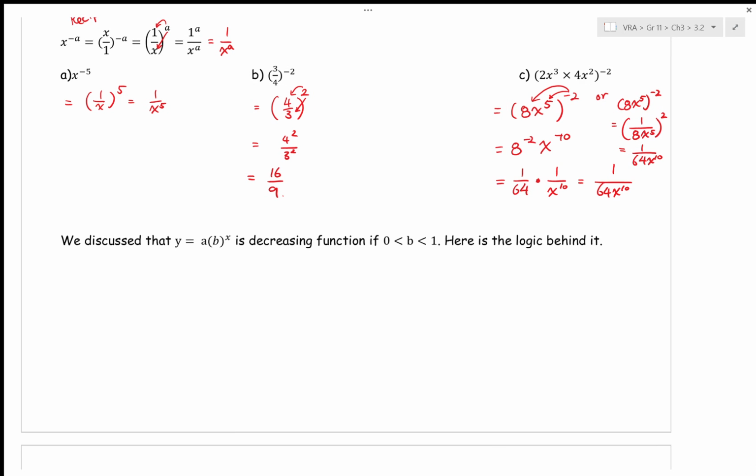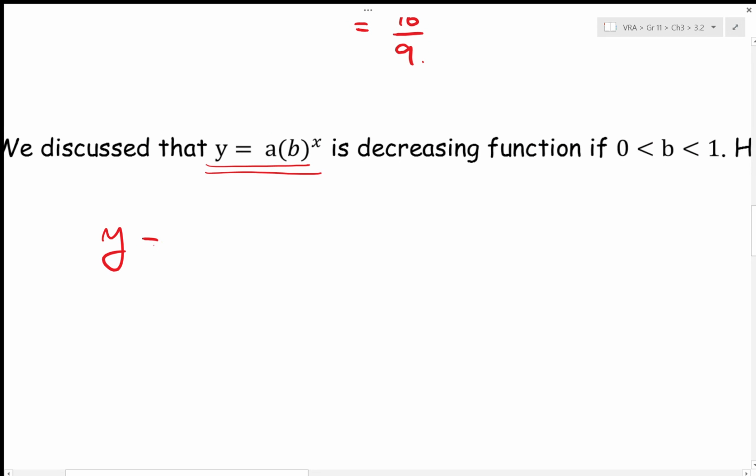And then we discussed that y equals a times b to the power of x, the generic form of the exponential function, is a decreasing function when this happens. That's because if you have, let's say, y equals 1 over 2 to the power of x. Well, 1 over 2 is 2 to the power of negative 1.